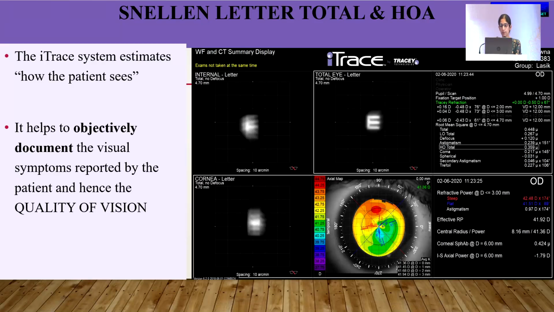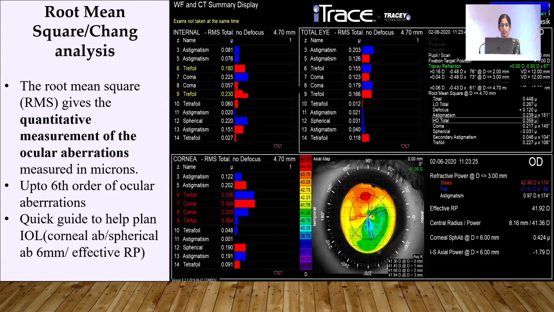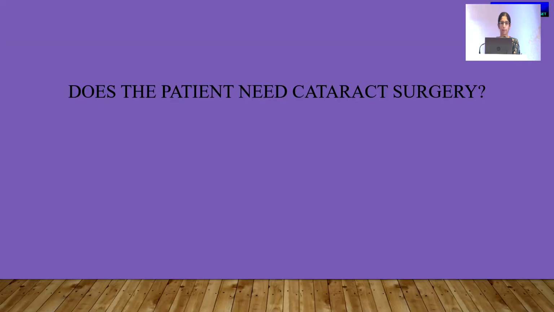So the EyeTrace beautifully gives us the objective quality of vision as seen by this map. Another interesting map which EyeTrace gives us is about the actual ocular aberrations. It is the only instrument which dissociates the corneal from the internal aberrations. It also gives us quantitative measurement of ocular aberrations up to the 6th order, and we can see this through this map.